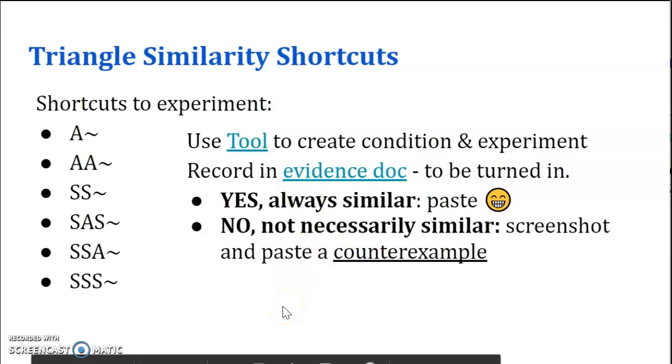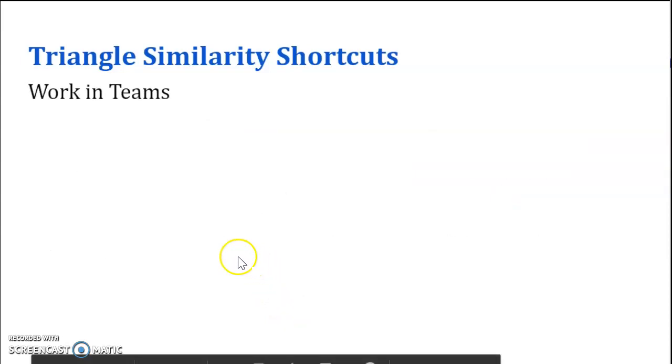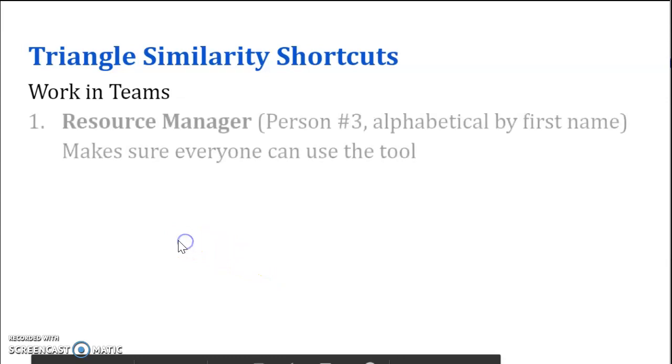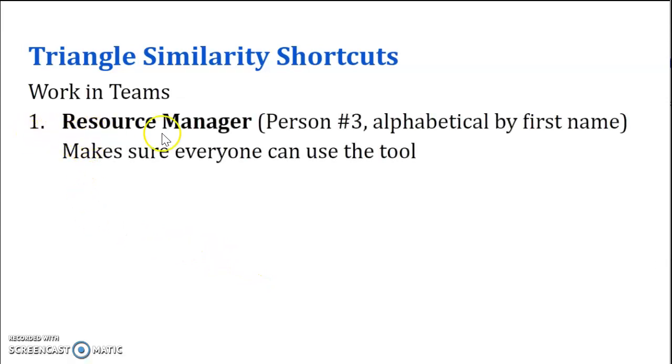Okay, so let me explain that in more detail. You're going to be working in teams, and the resource manager is the person number 3 in alphabetical order by first name. And by the way, your teams have been formed with your requested team members. So make sure everyone can use the tool. That's your resource manager's duty. Everyone explores A together.